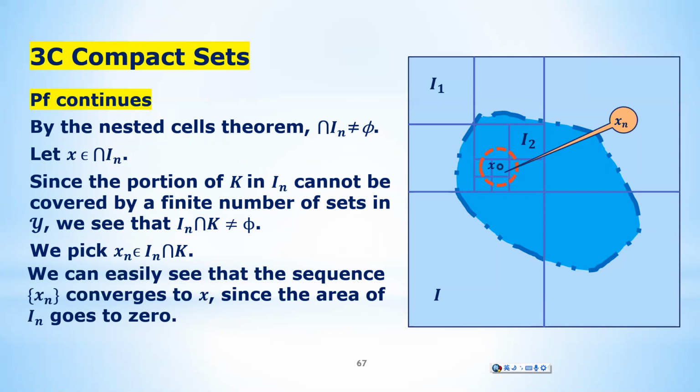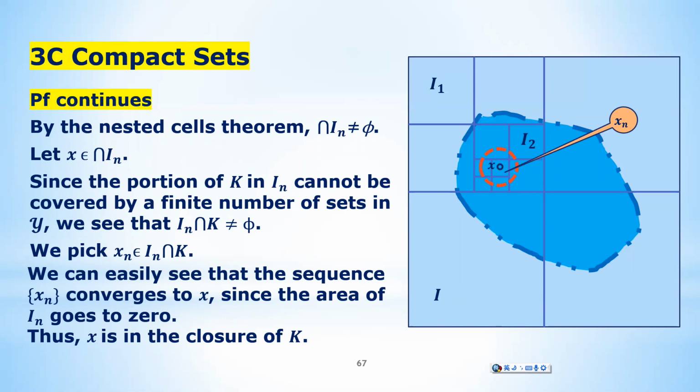Then we can easily see that the sequence Xn will converge to X, because In is shrinking, the area of In goes to 0, and X belongs to each In. So Xn must go to X. What does it mean?